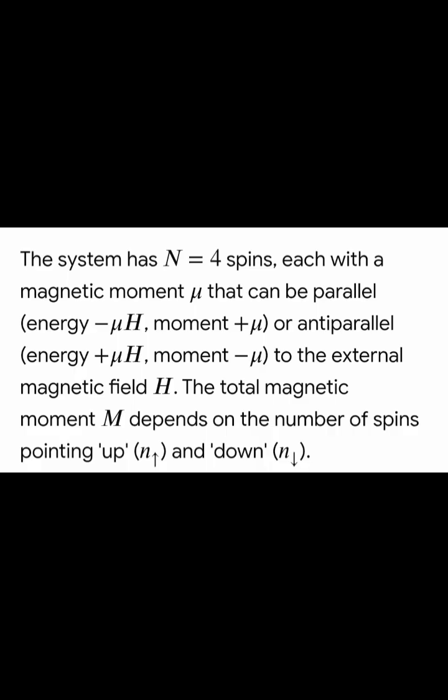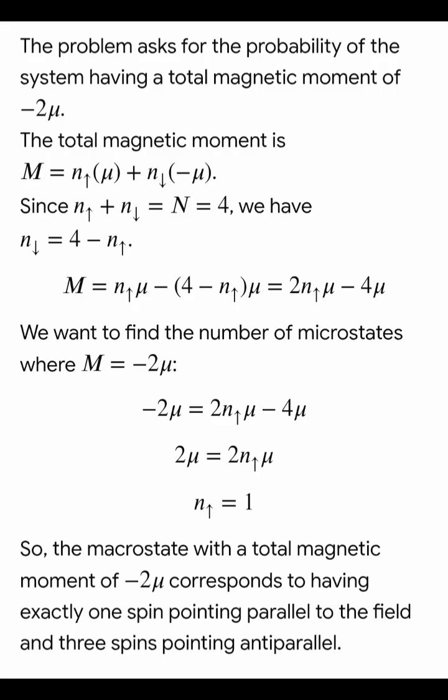So here the system has N = 4 spins, each with magnetic moment μ, that can be parallel or anti-parallel to the external magnetic field H. So the total magnetic moment M depends upon the number of spins pointing upwards and downwards. Here it is asking about the probability of the system having a total magnetic moment of −2μ.